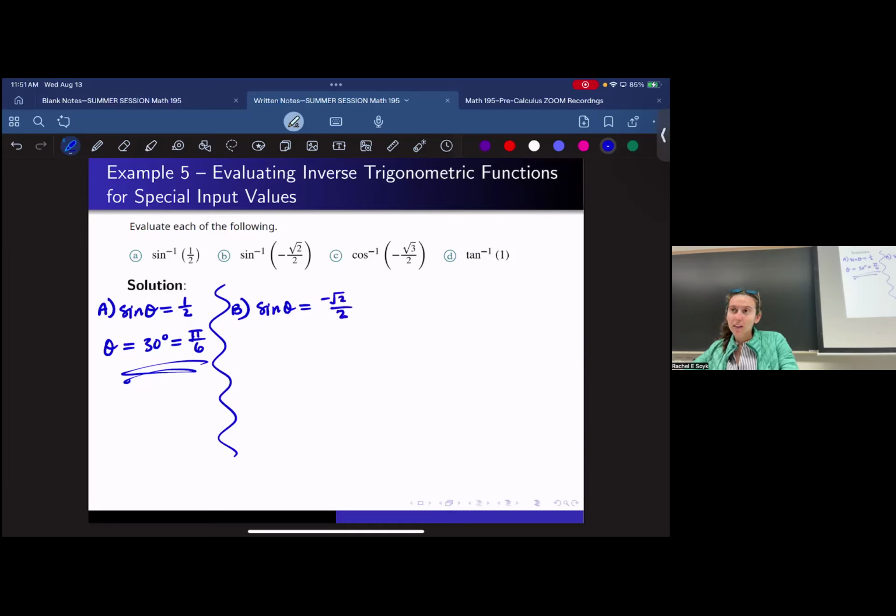Well, sine is an odd function, so this is the same as negative sine inverse of positive square root of 2 over 2. Which means sine of what angle gives us positive square root of 2 over 2? 45 degrees, but then we just multiply it by a negative, and we get -45.